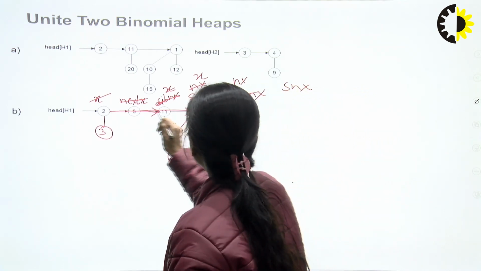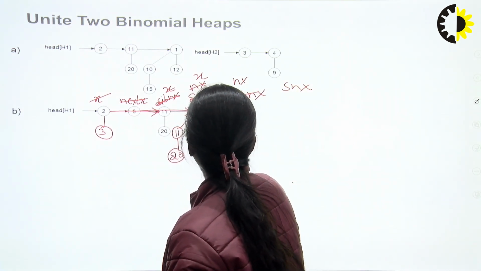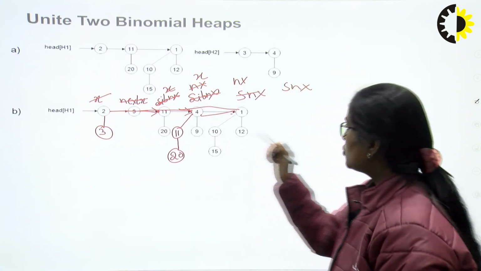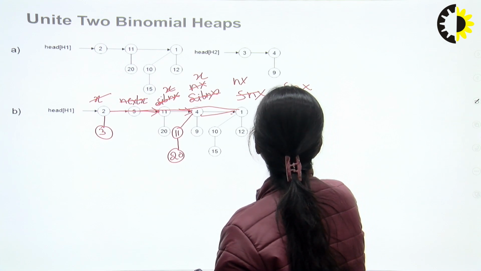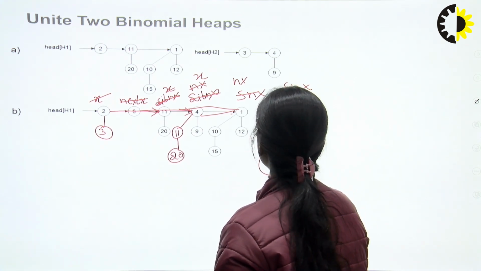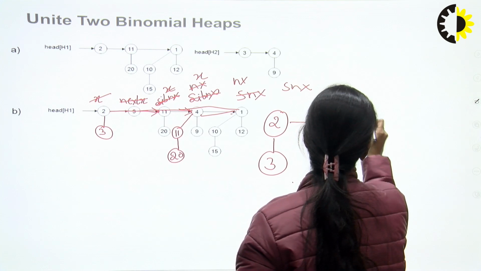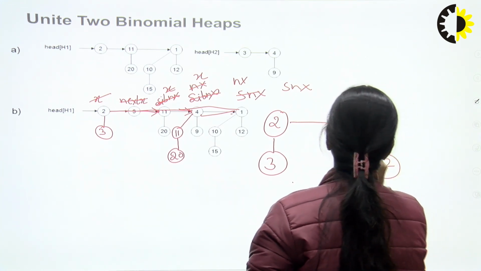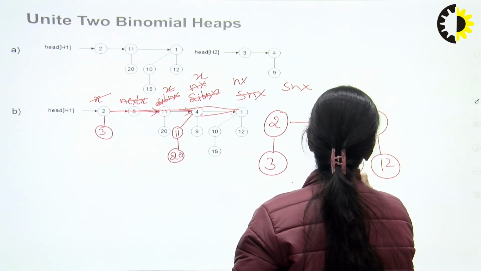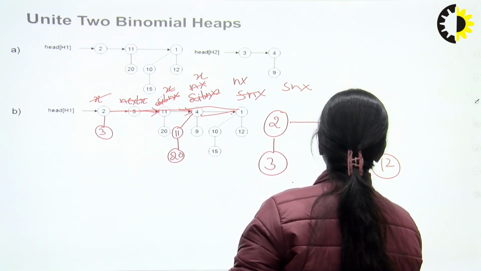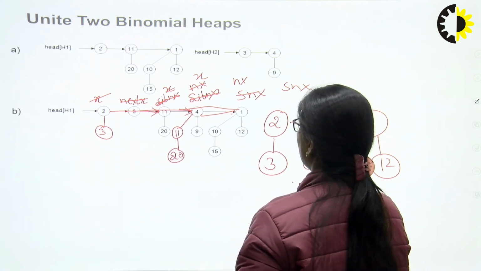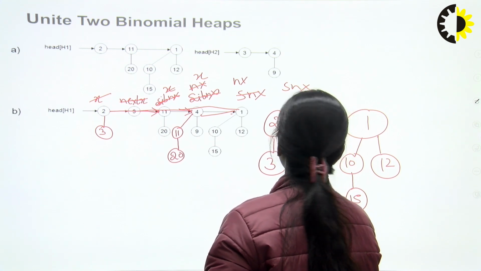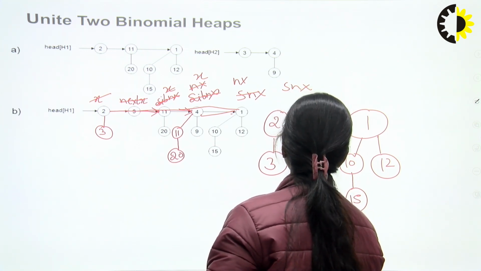So simply this 4 is in the root list and this 4 is the leftmost child. So I am just creating a fresh one. Exactly a new one: this is 1, this is 12, this is 10, this is 15, this is 4, this is 9, 11 and this is 20.